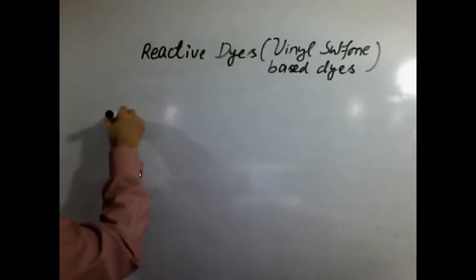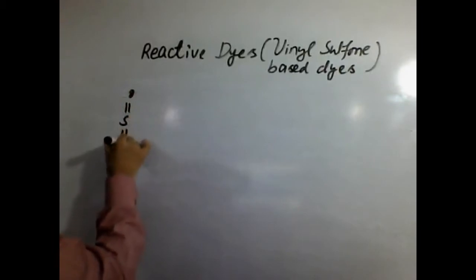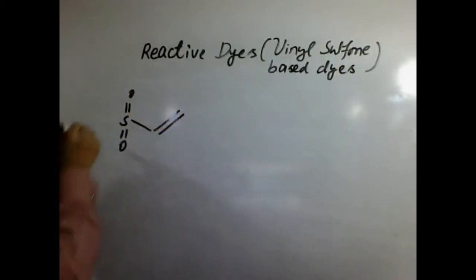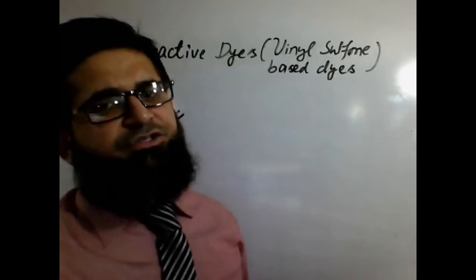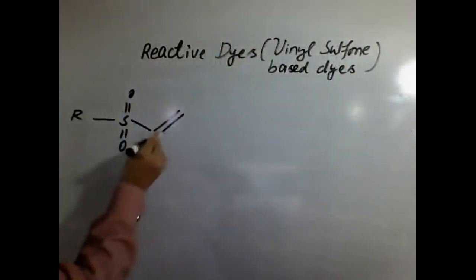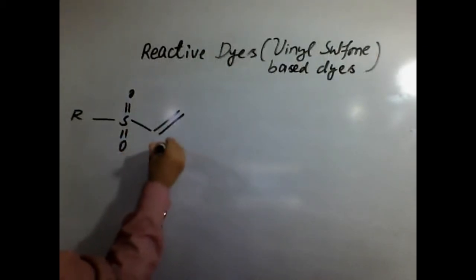What is vinyl sulfone? We have an idea. This group is called sulfone, this is called vinyl, and this R is supposed to be a part of the dye. It is supposed to be a dye molecule. Then this will be called a vinyl sulfone-based dye.